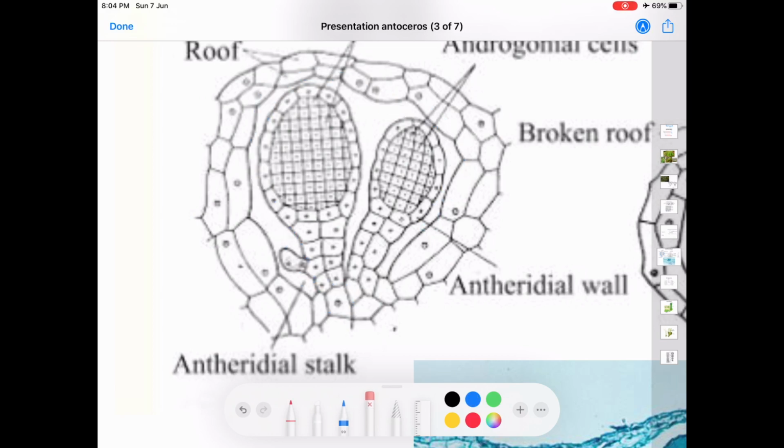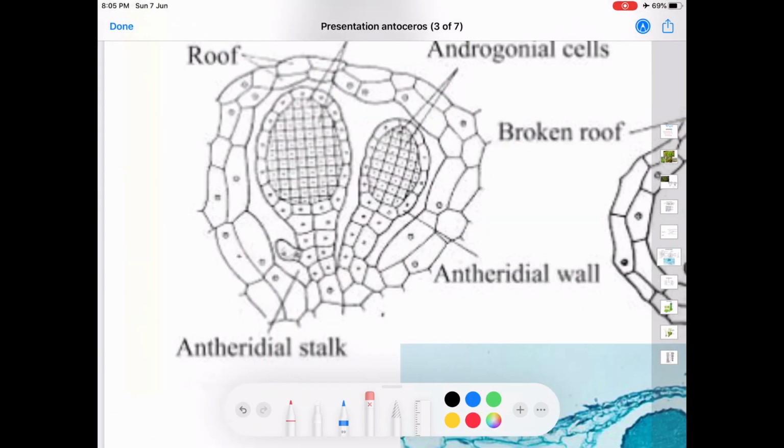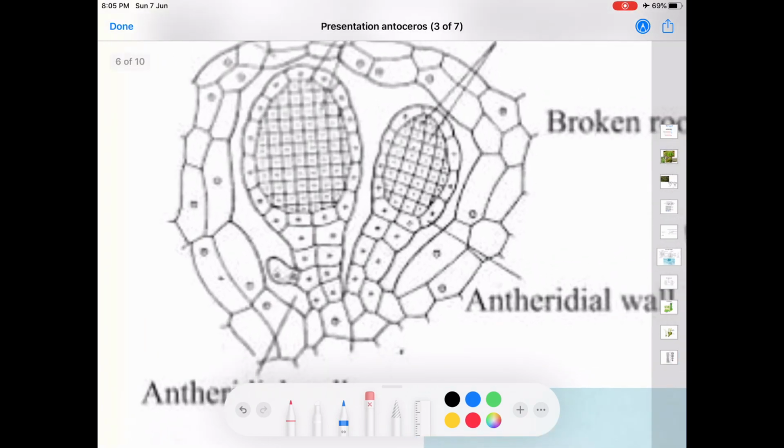The stalk may be slender and composed of 4 rows of cells. In Anthoceros, a single or a group of 2 to 4 or more antheridia are present in same antheridial chamber.